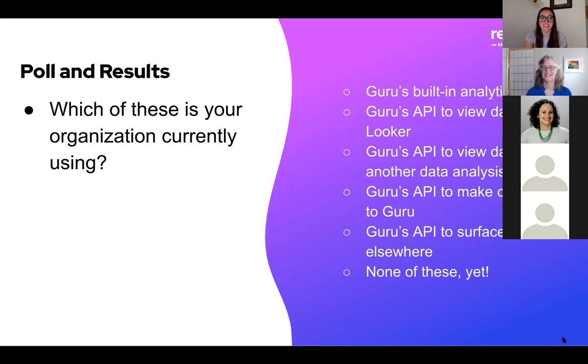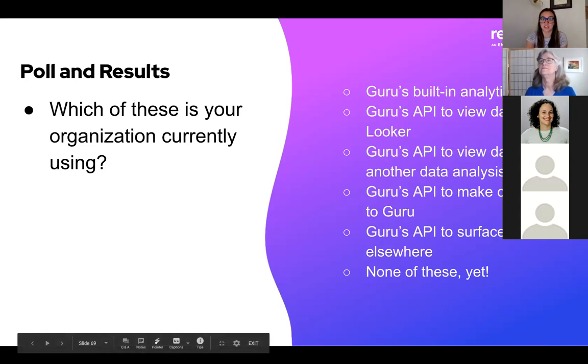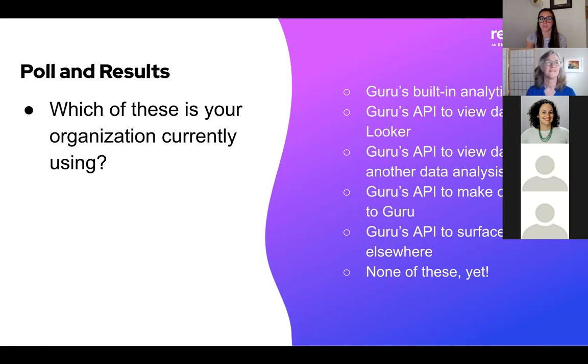Thank you, Tig. Yeah, so we have a poll for you. We're curious, which of these is your organization currently using in terms of API, or are you using a built-in solution? Like Tig mentioned, whether you're using Guru or another solution, just curious to hear what everyone here is using right now. So looking at the results as they come in, looks like we have a lot of people using Guru's built-in analytics.